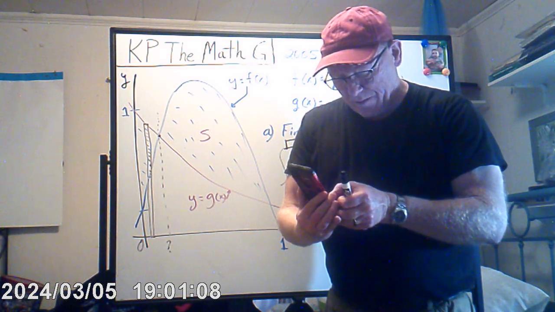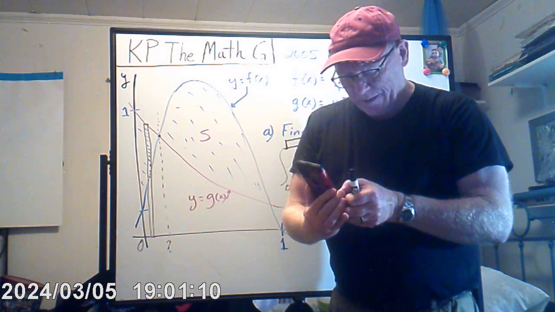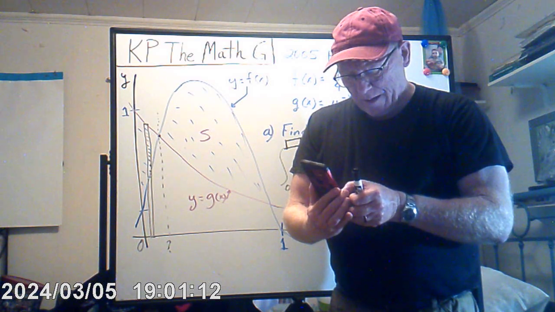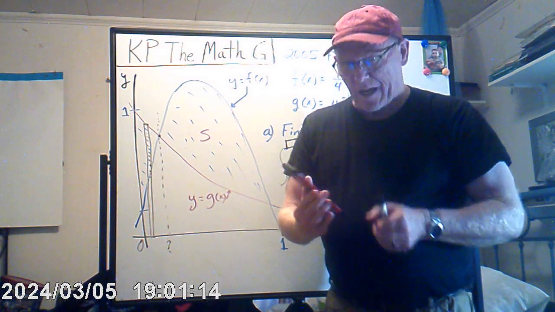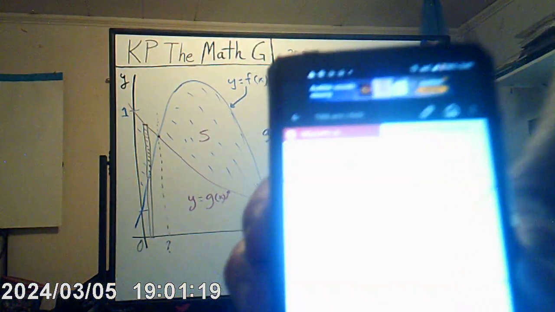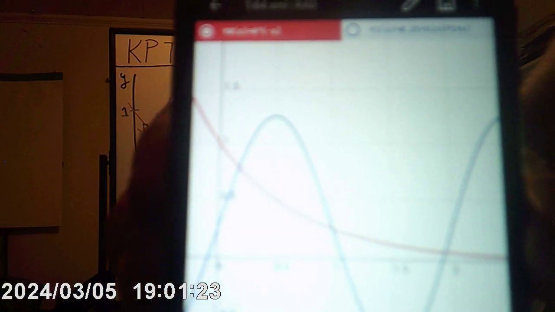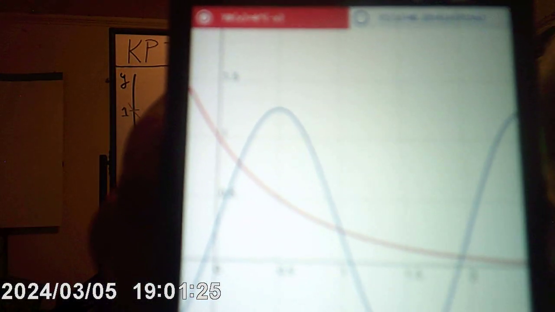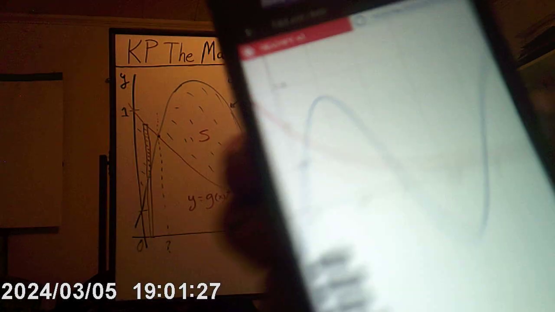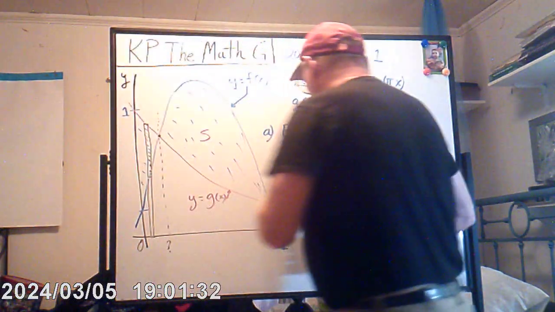I'm going to keep zooming in on this here, and I don't know if you can see this or not, but that is what it looks like when you graph that there. I'm trying to get it where you can see that.